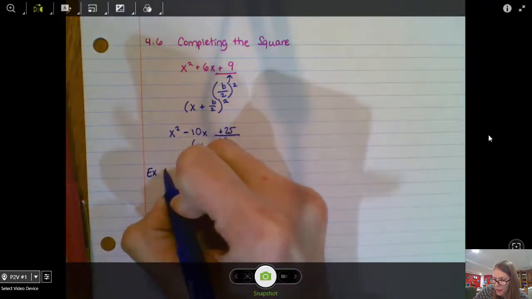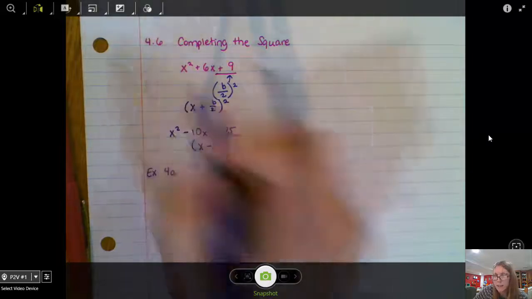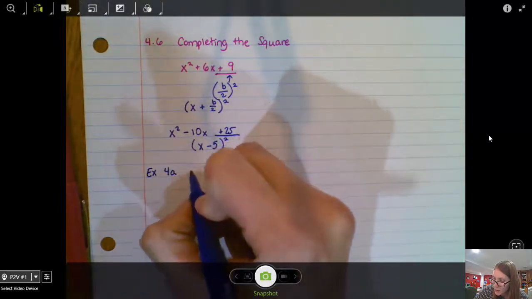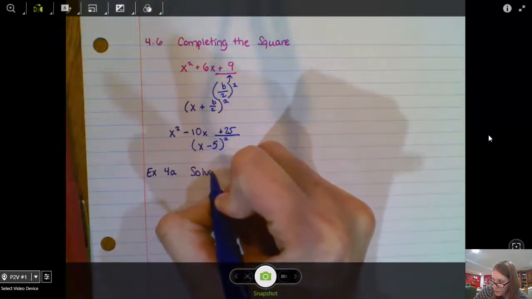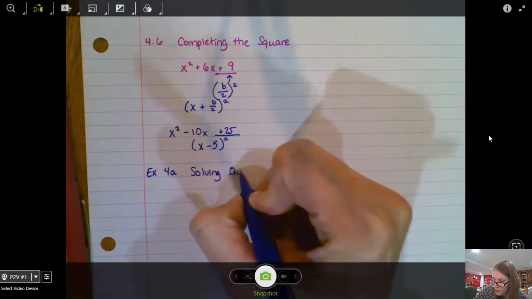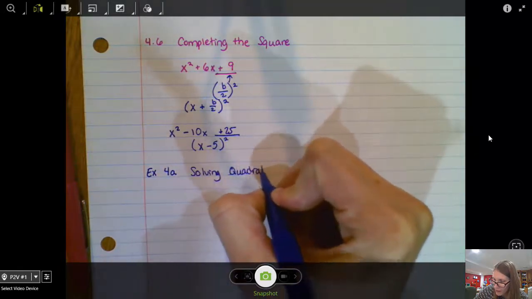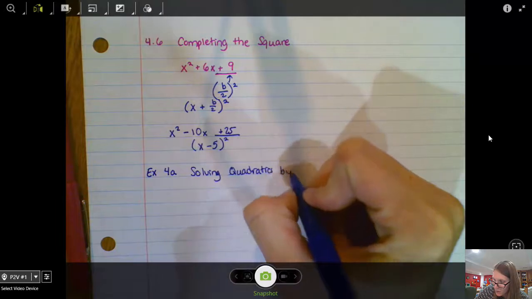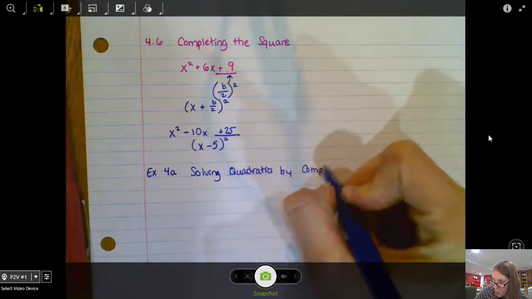This is going to be example 4a in section 4.6. Solving quadratics by completing the square.